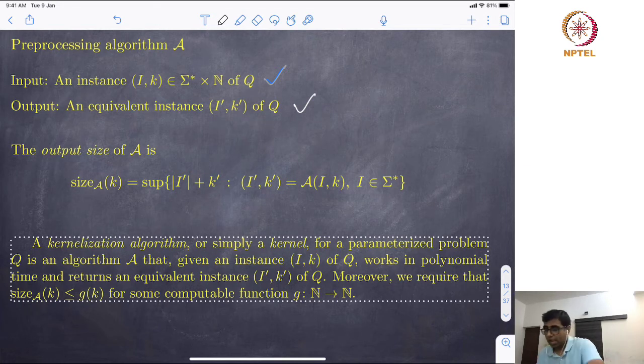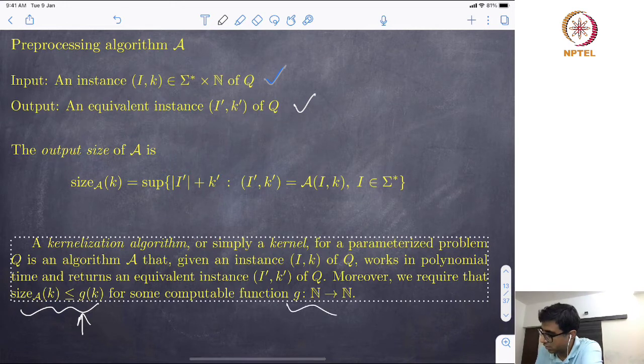And we require that the size is bounded by some computable function g. You will see why we need this, but computable function just means that there is a Turing machine that, given an integer n, works in polynomial time and at the end writes down g of n in the output table.